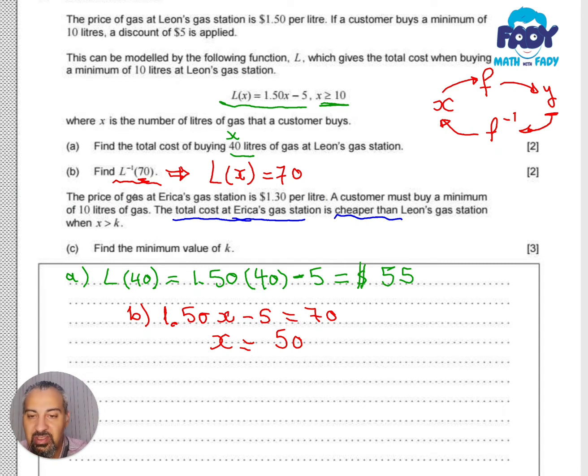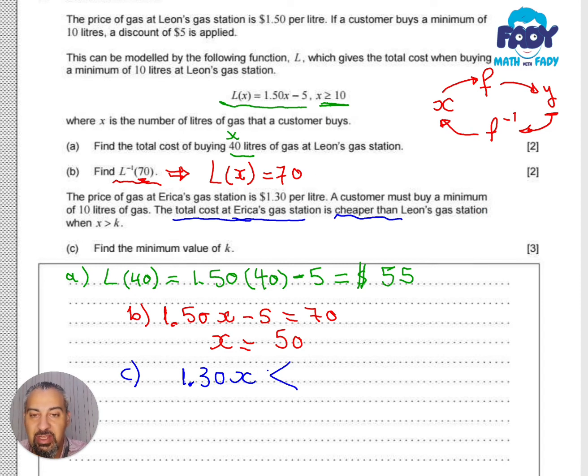According to the first sentence here, the price is $1.30 per liter. So at Erica's gas station, it's 1.30x. This is the total cost at Erica's gas station. This is cheaper than, less than Lane's gas station.